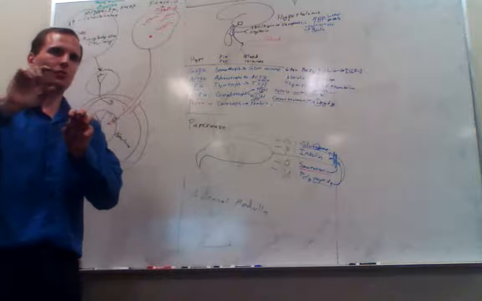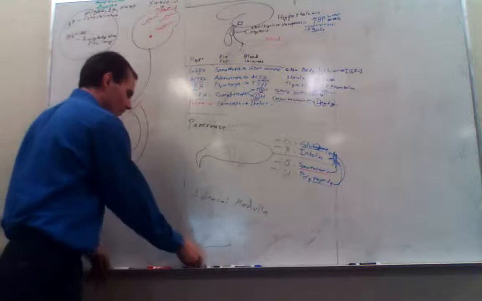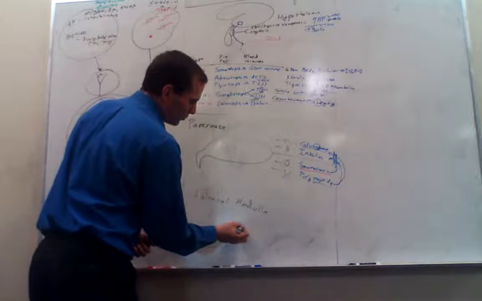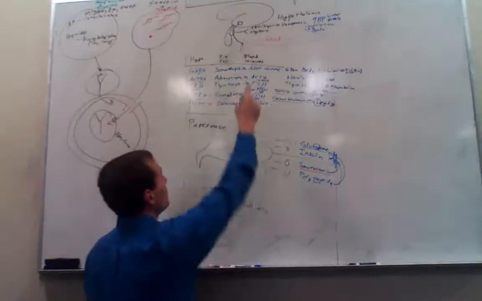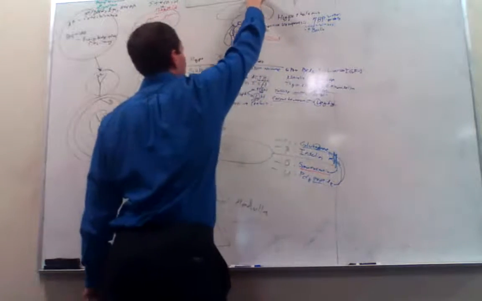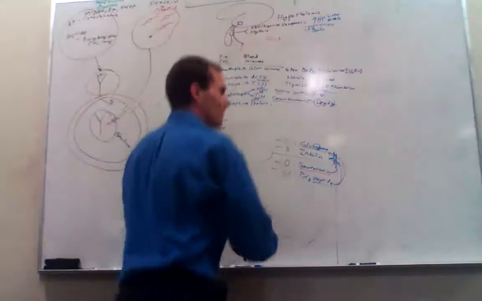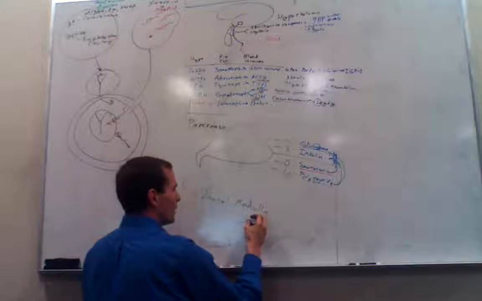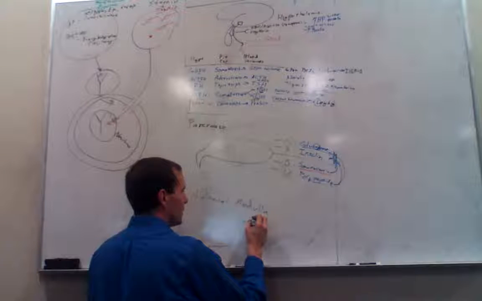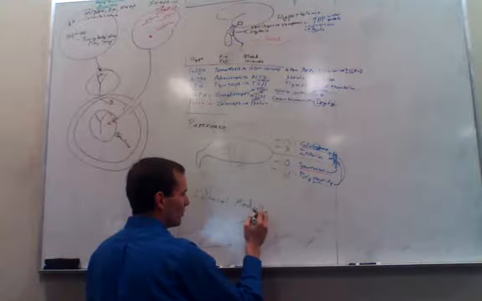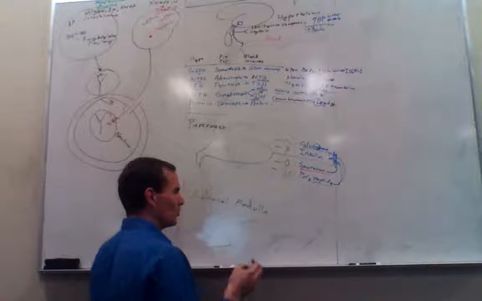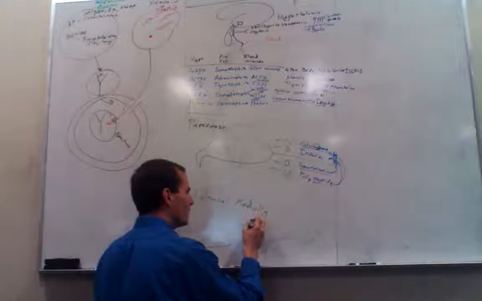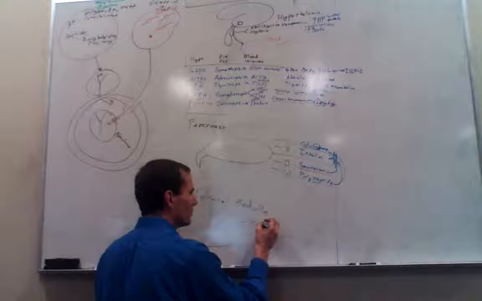The medulla is split into two layers, and those first two layers are going to be making hormones that act on the outside of cells, so we're going to talk about them here. Those layers are called the, well, rather than naming the layers, I'm going to name the hormones. We have mineralocorticoids.